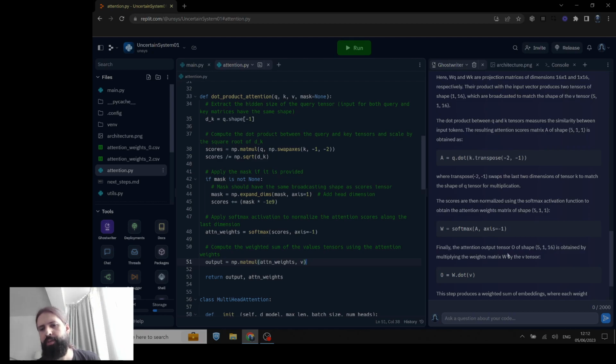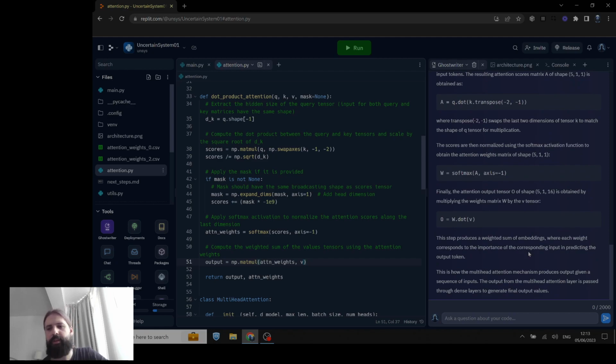Finally, the attention output tensor is obtained by multiplying the weights matrix by the V tensor. Well, this is being done here, right? That's the dot product, whatever it is.